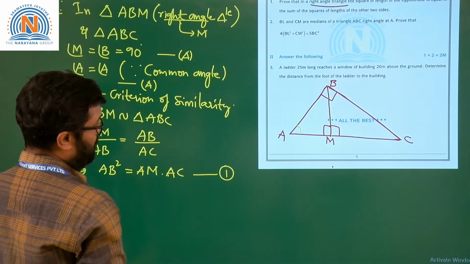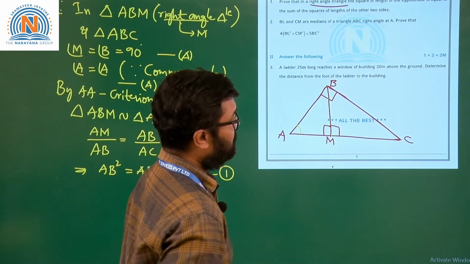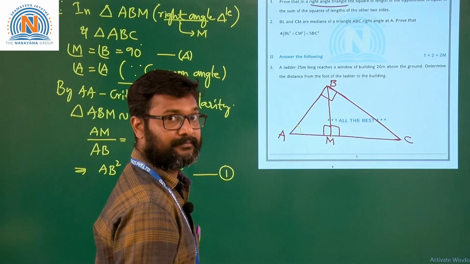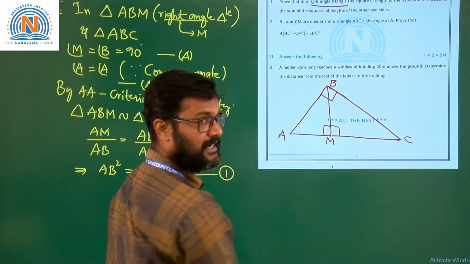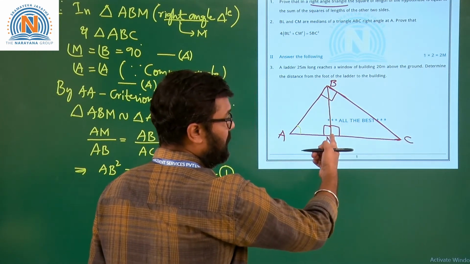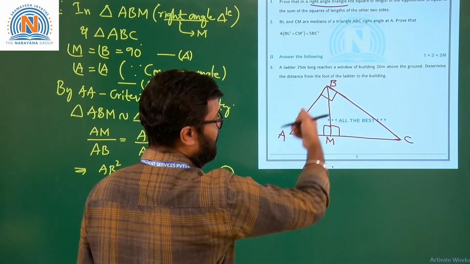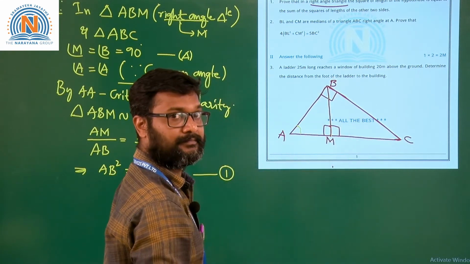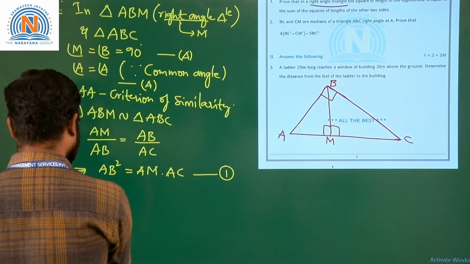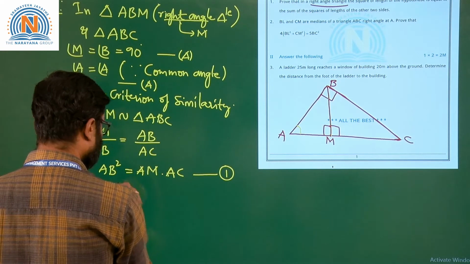Now let's consider the other two triangles. If you observe, BMC is a right angle triangle, isn't it? BMC, right angle at M, so this is also a right angle triangle, and again take this ABC triangle. So similarly here also, both are similar to each other.